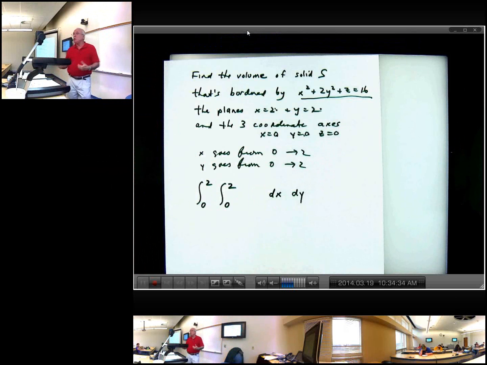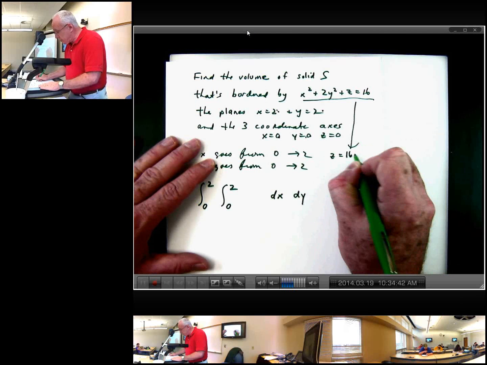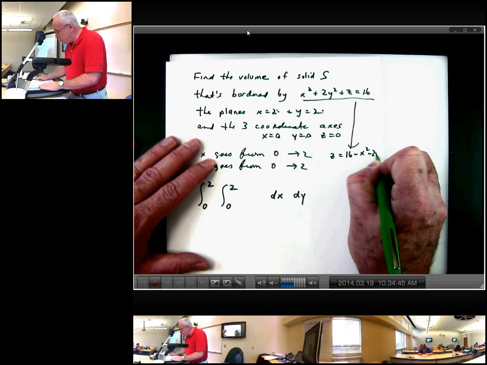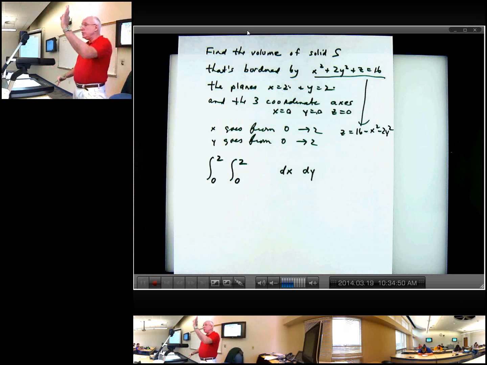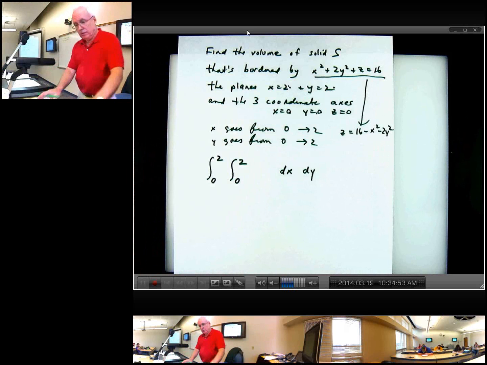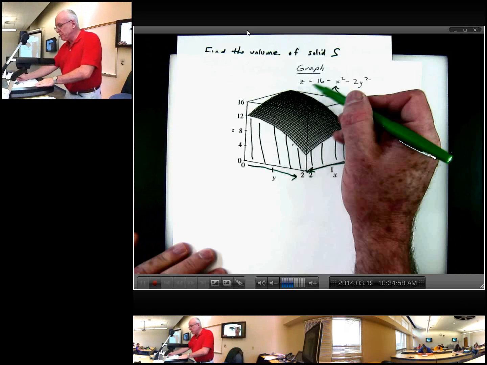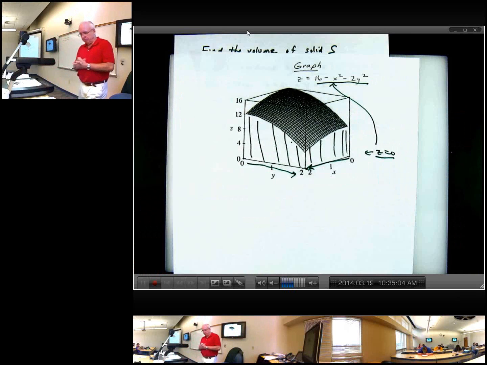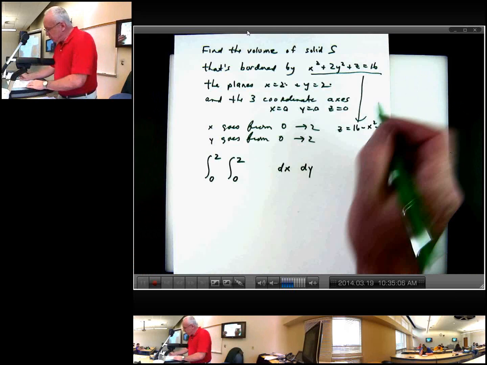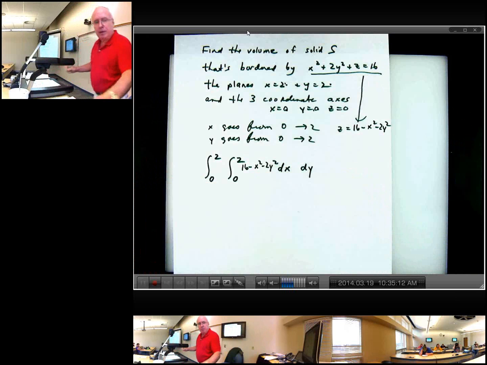What I need to do is isolate z on one side, so I convert that into z equals 16 minus x squared minus 2y squared. That will give me my upper limit. My lower limit is z equals 0. So let's put that function, 16 minus x squared minus 2y squared, in my integral.